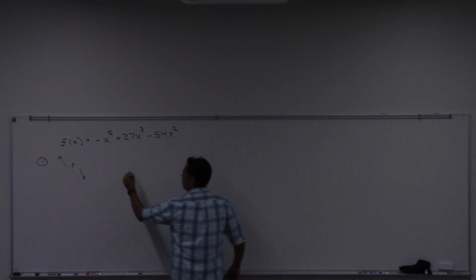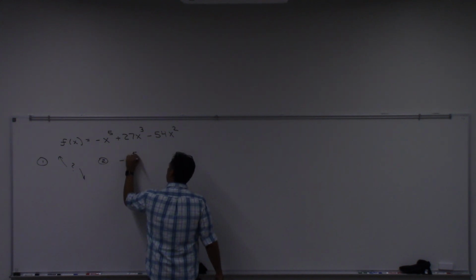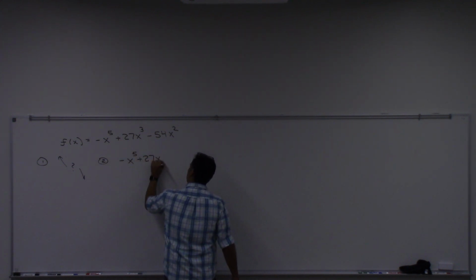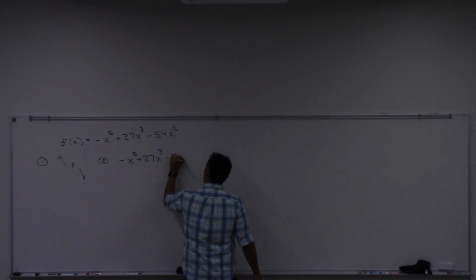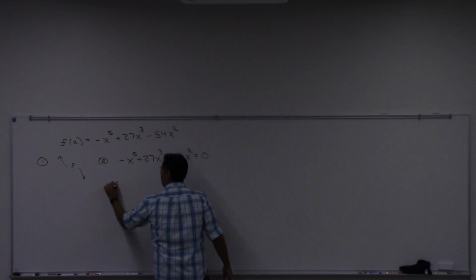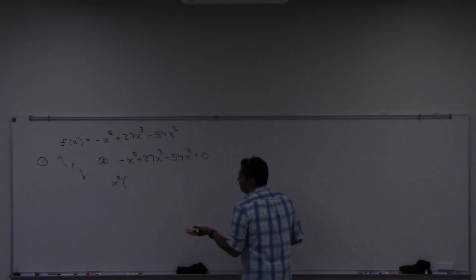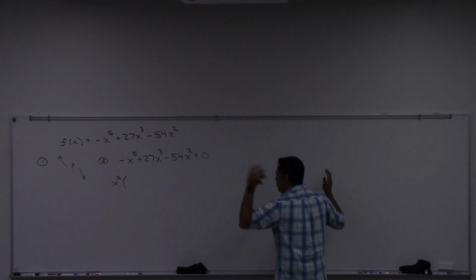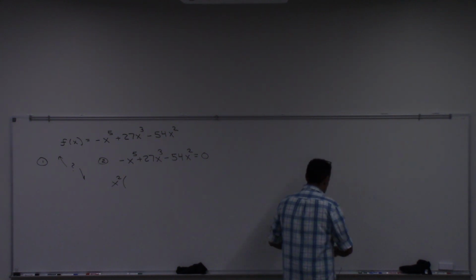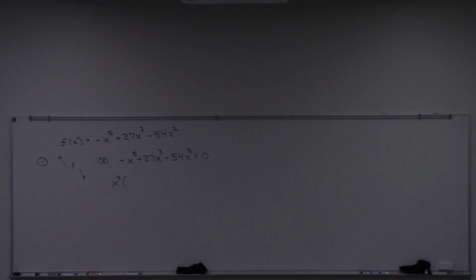Second step, find the x-intercept. Set it equal to 0. Do you see a GCF? X squared. Pull an x squared out. Do you want to pull negative x squared? We could pull negative or just leave it. What would you do naturally? How many of you want to pull the negative?